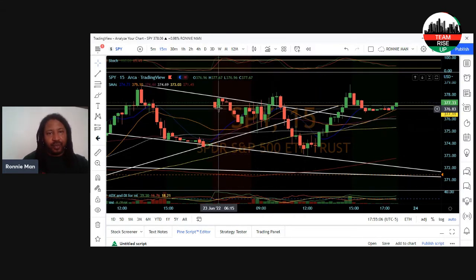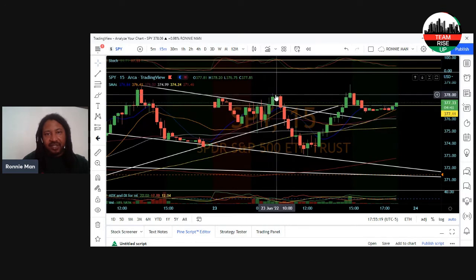However, it came up and touched my trend line right here and retraced. Okay. And eventually it broke out of the channel.